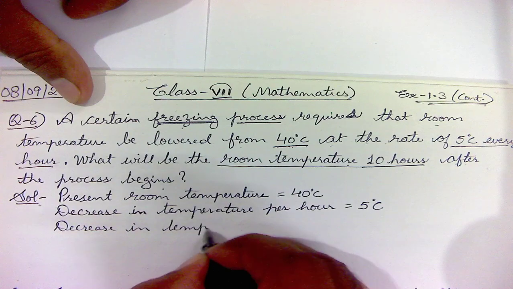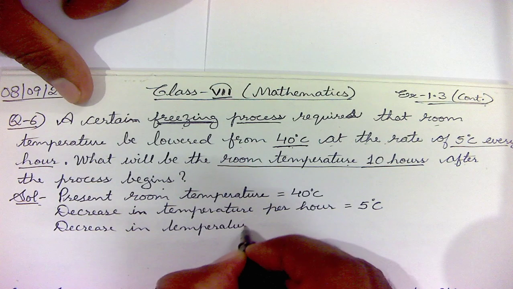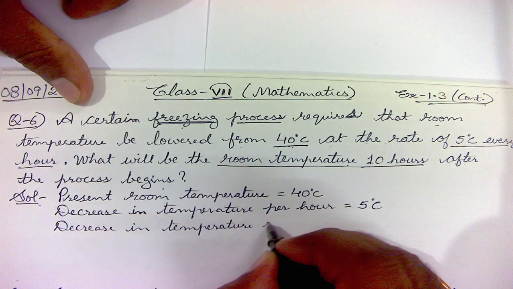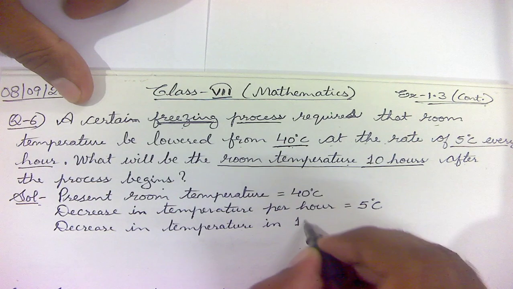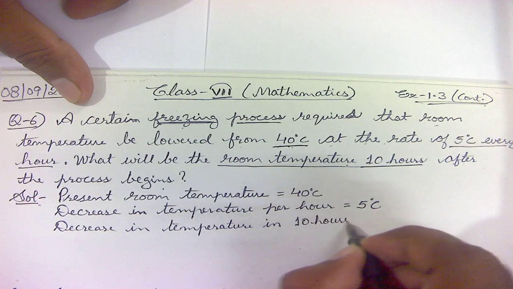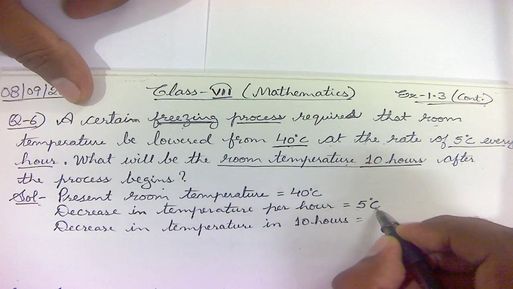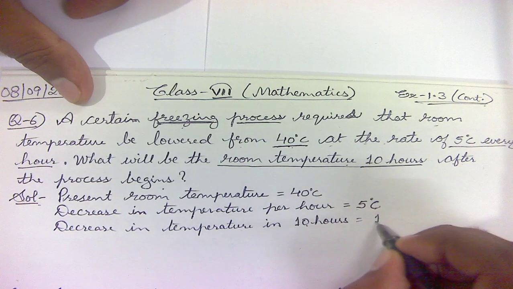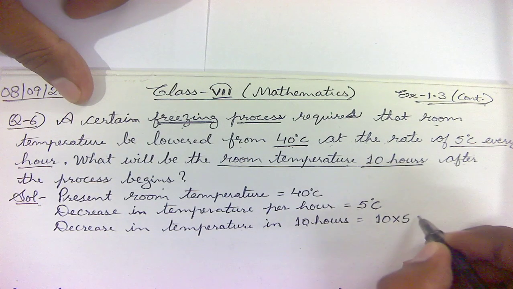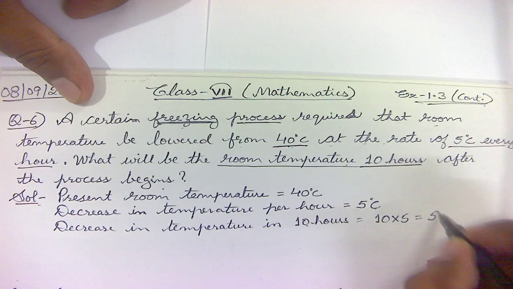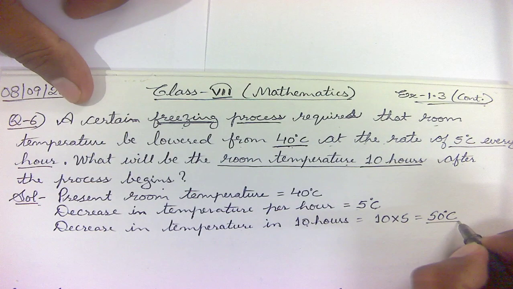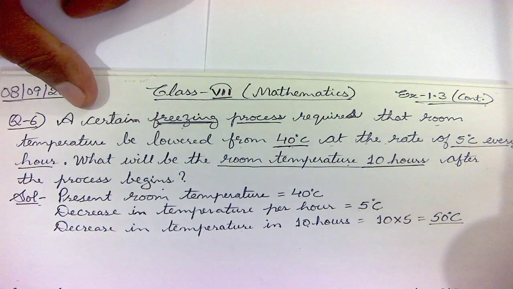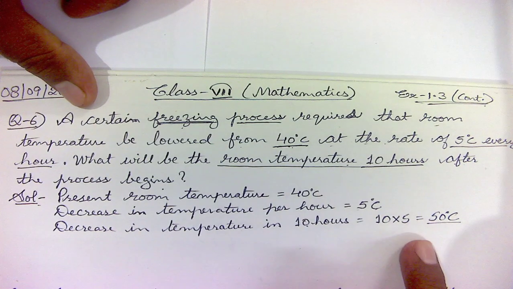Let us calculate first how much temperature is decreased in 10 hours. In 1 hour it is 5 degrees Celsius. Then in 10 hours, it will be 10 into 5, that is 50 degrees Celsius. So in 10 hours, 50 degrees Celsius will be reduced.